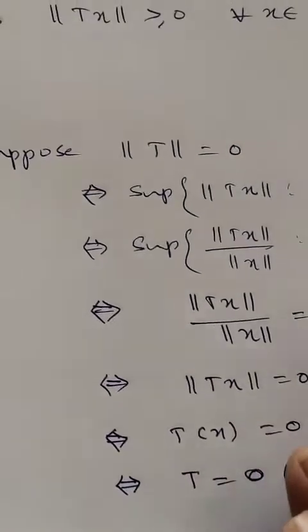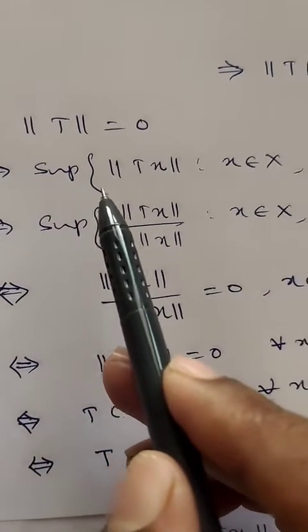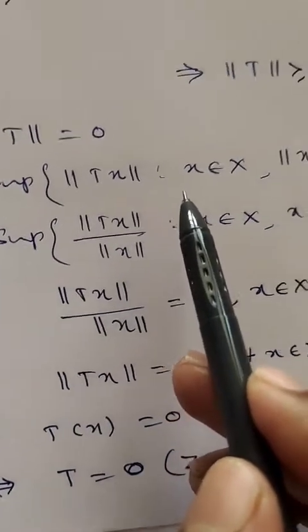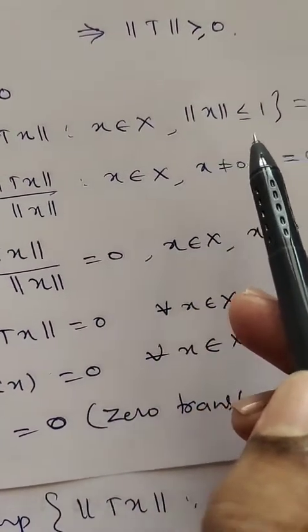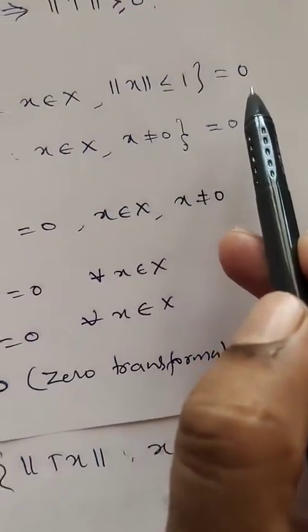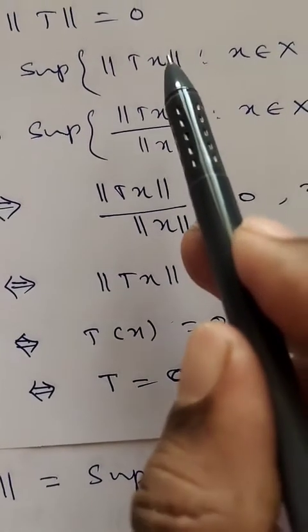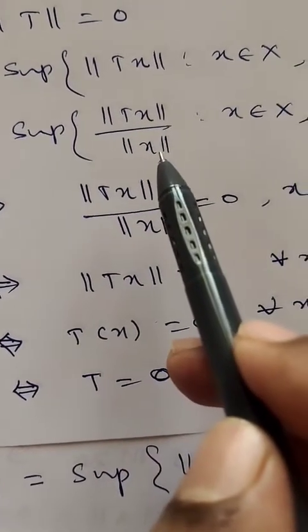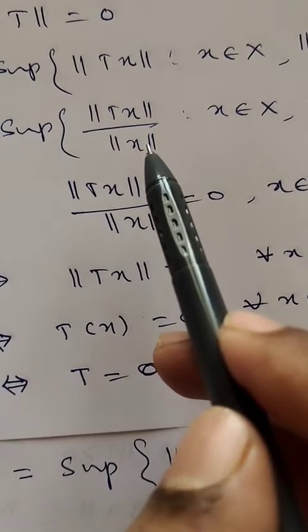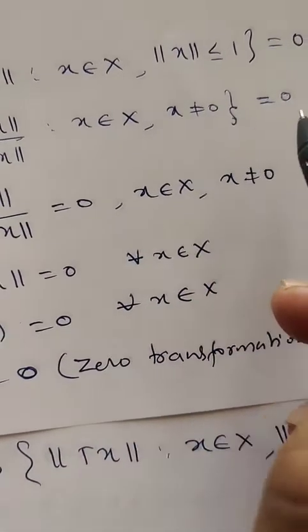Next, suppose norm of T is 0. Norm of T is 0 if and only if the supremum of norm of T of x, where x belongs to X, norm of x is less than or equal to 1, is 0. By the equivalent norm, this is equal to the supremum of norm of T of x by norm of x such that x belongs to X, x is not equal to 0, which is 0.